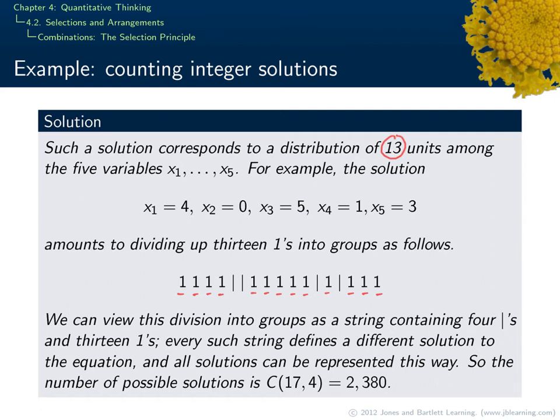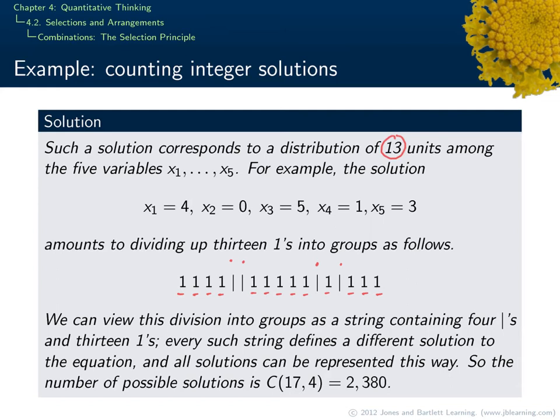And in order to get the ones partitioned into 5 numbers, or into 5 groups, I need 4 little partitioning walls. So there's one there, there's another one, there's another one, there's another one. So in all, I've got 17 slots. Some of the slots have 1s in them, and some of the slots have these partitioning walls in them.